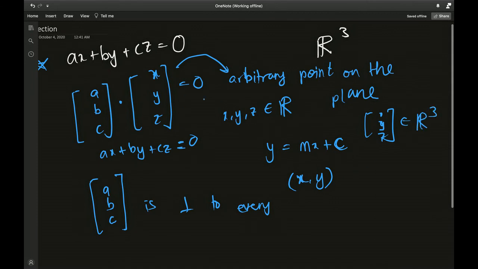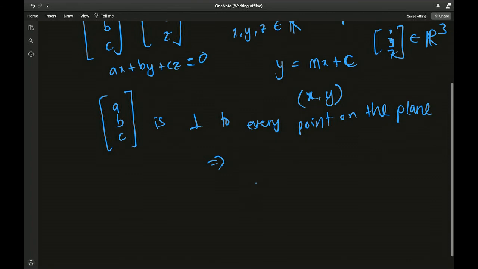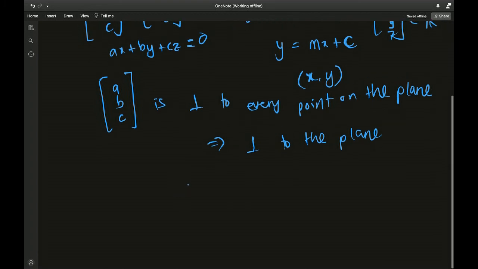It includes all points on the plane. So this vector ABC is perpendicular to every point on the plane, implying that ABC is perpendicular to the plane in totality. Okay, fine, great news.